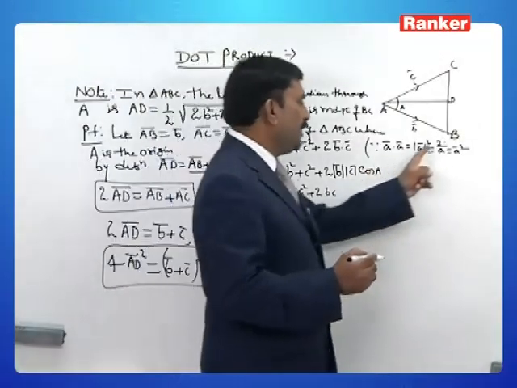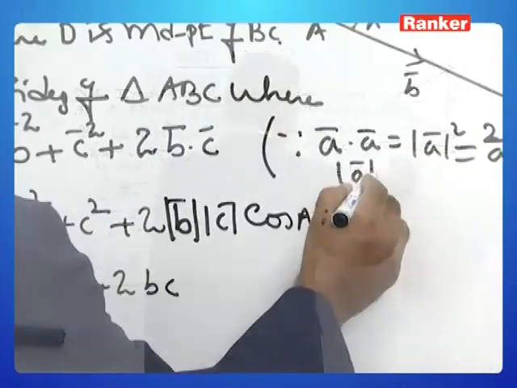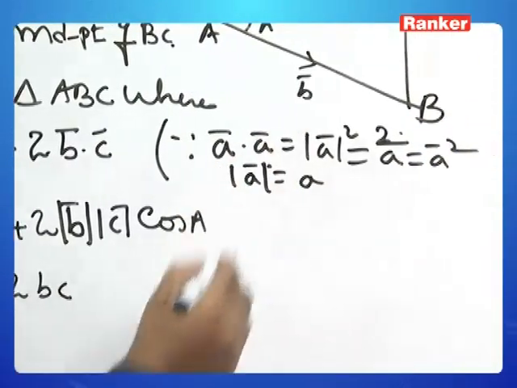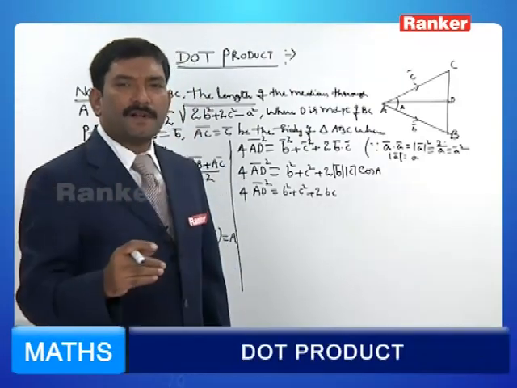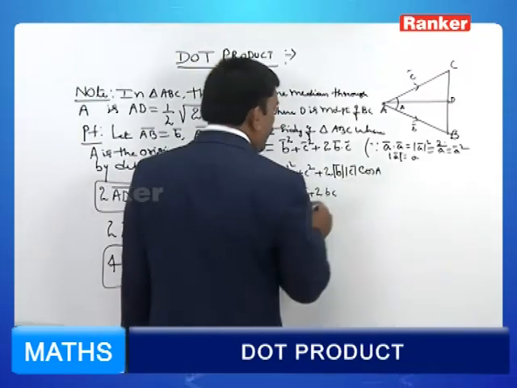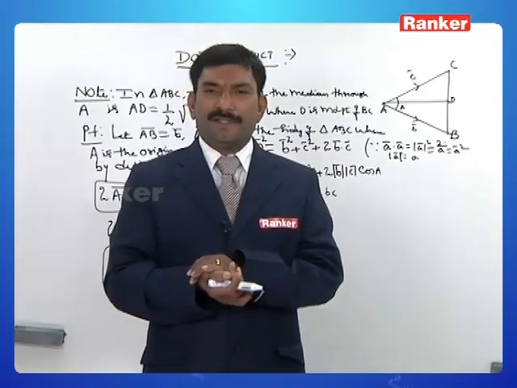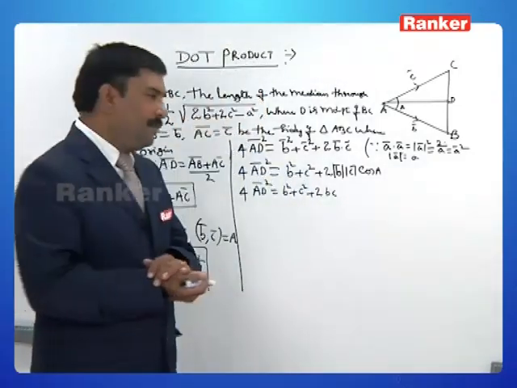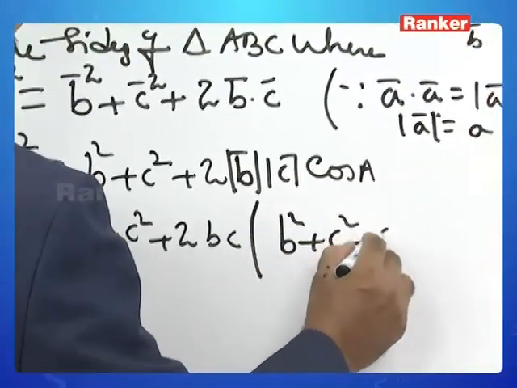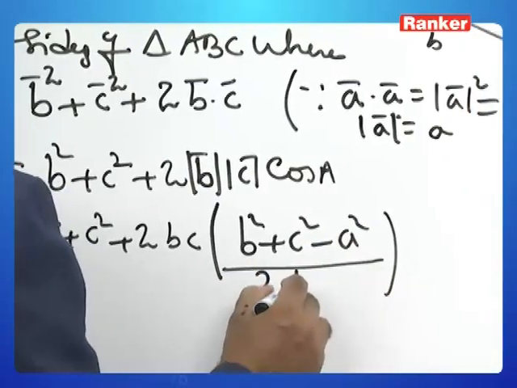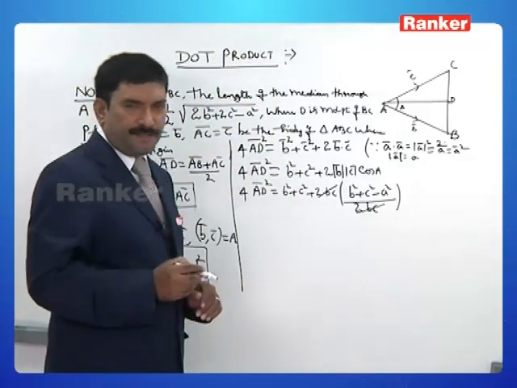Any modulus, we know that modulus of a bar is nothing but just a, which represents the length of the side. According to the cosine rule in a triangle ABC, cos A can be written as b square plus c square minus a square by 2bc. These and these get cancelled.